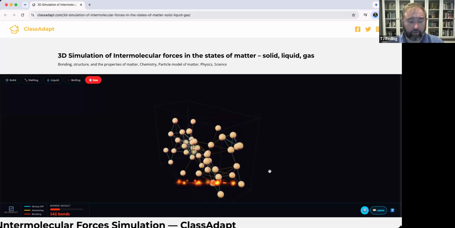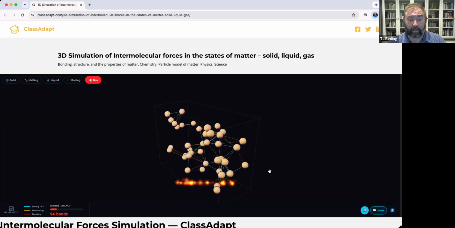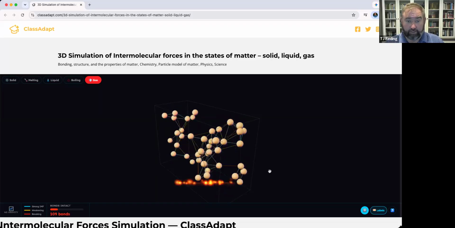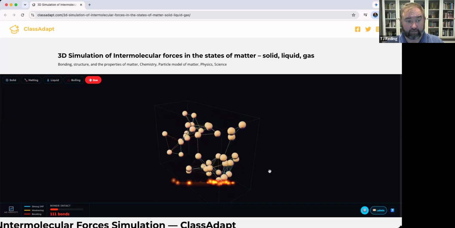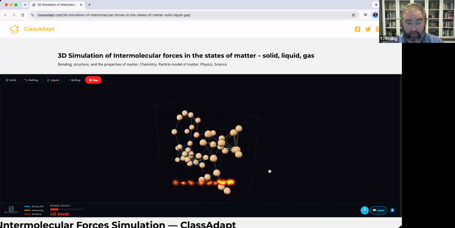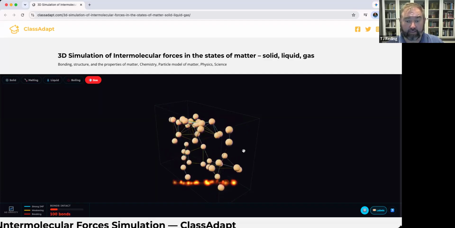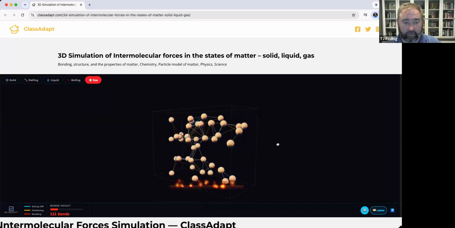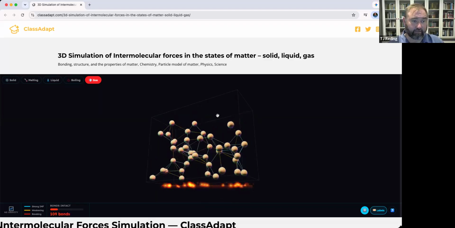You can get them to simulate it in their own kitchen. We can use this in many different ways to support the learning. And this is just one of, as I said, over 100 simulations that ClassAdapt has created to help teach these complicated science concepts. You can see the little subtext there.